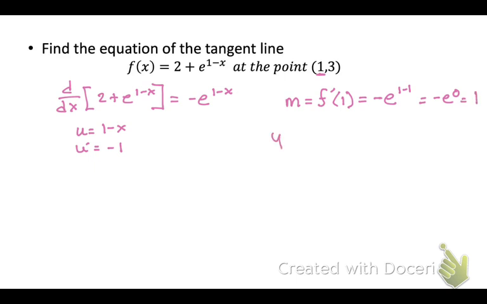Okay. So now I'm going to do y minus y1 equals m times x minus x1, right? So y minus, what's my y? 3 equals m, 1, times x minus x1. Oh, 1?